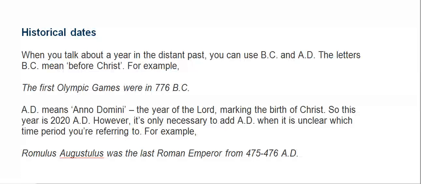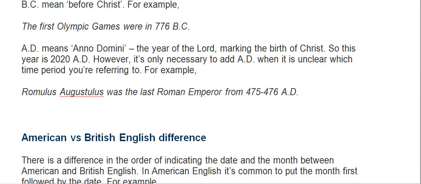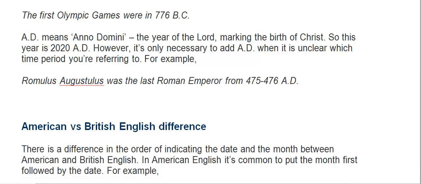You see, we say AD because some people don't know that person and they don't have any idea about the date, and so we have to say AD to remove the confusion.